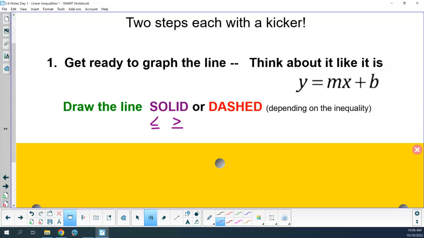The filled in dots from before when we were doing just simple inequalities, those are your solid lines. Your dashed lines then are the open dots, or just the greater than or less than. Okay? And that is going to depend upon your inequality.